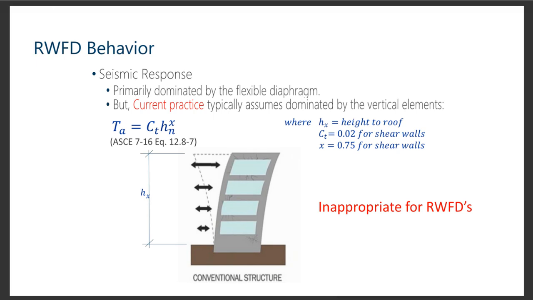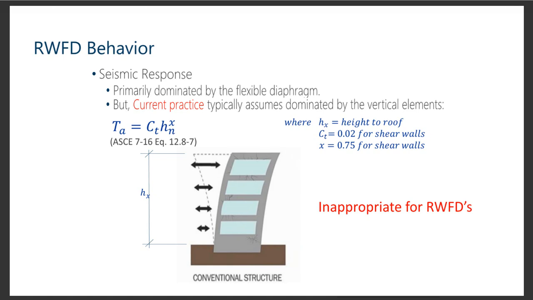But current practice in buildings assumes that the frequency of the building and the behavior of the building in a seismic event is really dominated by the vertical elements. For example, the period of a building that currently in ASCE 7 is approximated with a factor C sub t based on whether it's shear walls or moment frame, and then the height of the building, H sub n, the height to the roof.